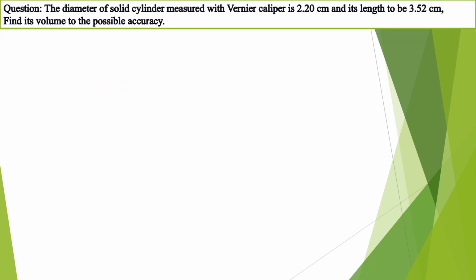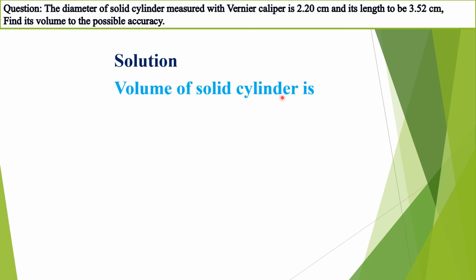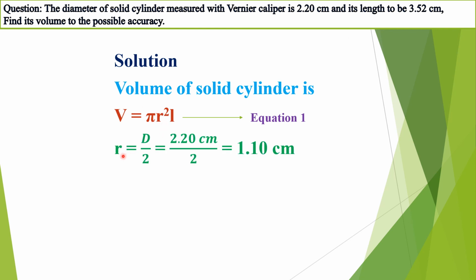Question. The diameter of a solid cylinder measured with a vernier caliper is 2.20 cm and its length is 3.52 cm. Find its volume to the possible accuracy. Solution. Volume of a solid cylinder is V equals pi r square L. We have the value of length and diameter, but here we need the radius of the solid cylinder, so we can divide diameter by 2 to get the radius.